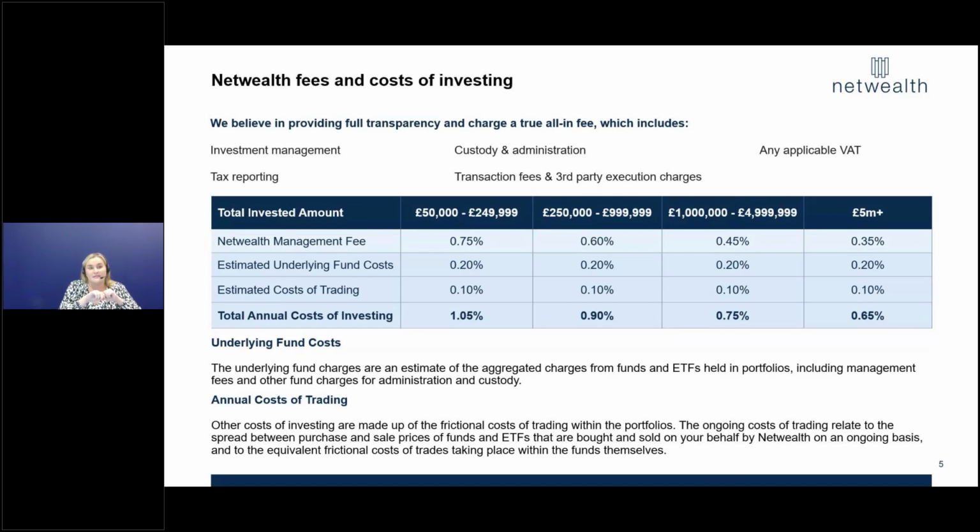So those bold numbers at the bottom are your total annual costs of investing for investment management, VAT, custody and administration charges, transaction and underlying fund costs and Netwealth. The only numbers not included there are on regulated advice, but Louisa will cover this and the associated costs a bit later in the session today.